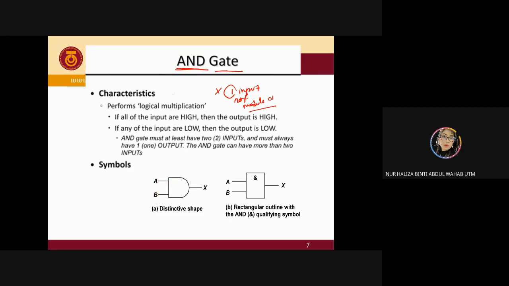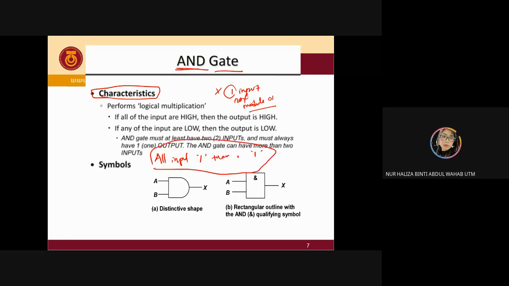Now you can see you need to remember the characteristic. The easiest characteristic is all inputs 1, then you get the output equal to 1. The rest will be 0. That is very easy.